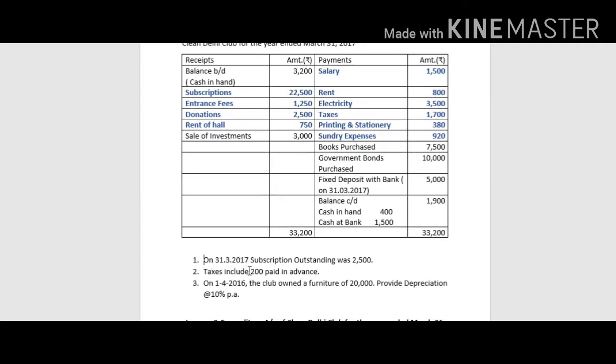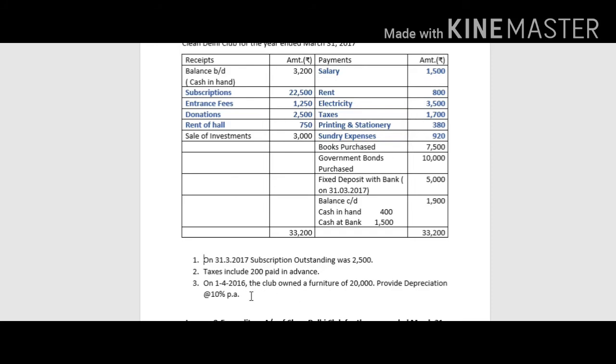On 31st March 2017, subscription outstanding was 2,500. Now what you have to do with this amount? This will be added to the subscription. So total subscription shown on the income side will be 22,500 plus 2,500. Taxes include rupees 200 paid in advance. These rupees 200 belong to the next year, so from taxes, this amount will be deducted.